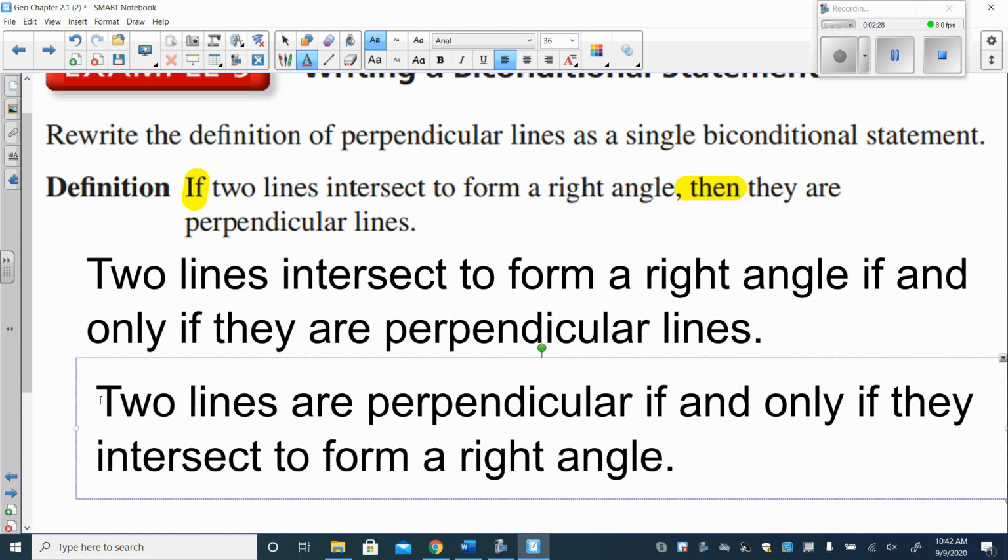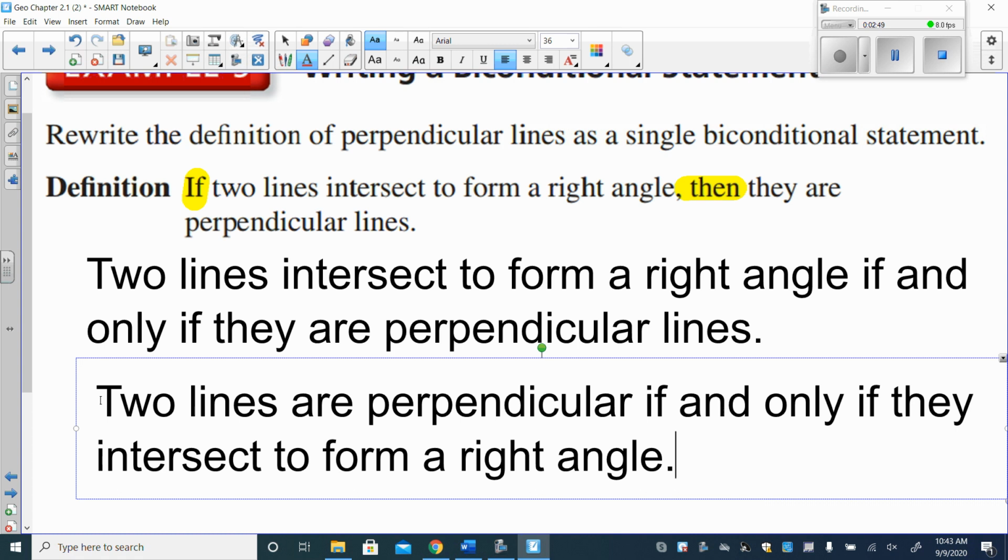I had to change the statement a little bit because it was kind of wordy. The wording of it was a little wrong. So I reworded it a little bit. Two lines are perpendicular if and only if they intersect to form a right angle.